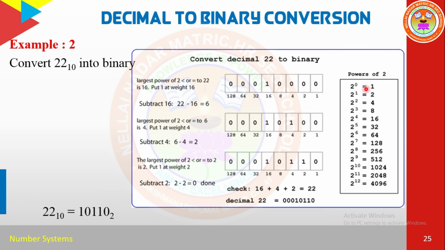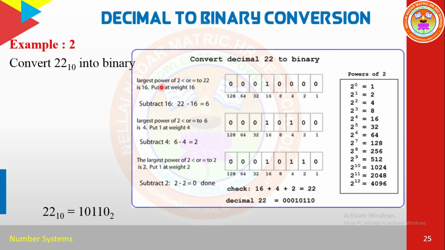We are choosing the 8-bit calculation, so we have 8 different boxes, 1 to 8. The 8 values you can assign from 1 up to 128: 1, 2, 4, 8, like that.